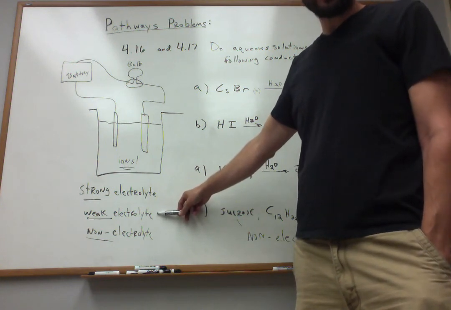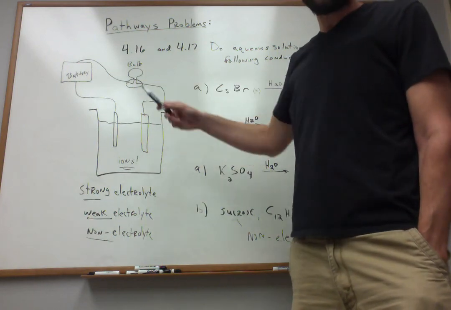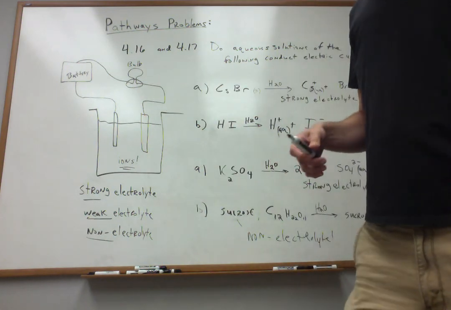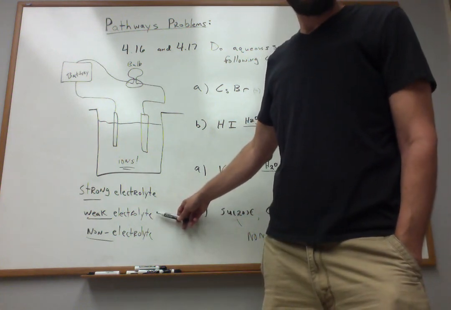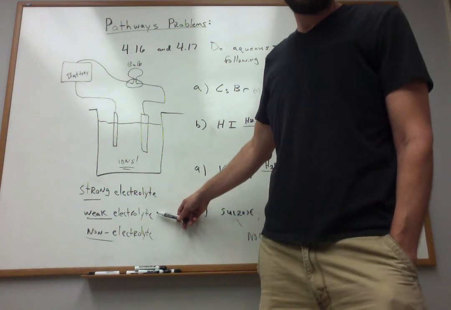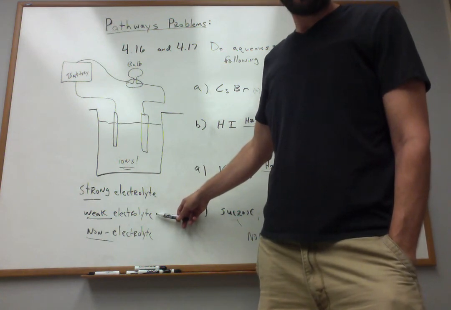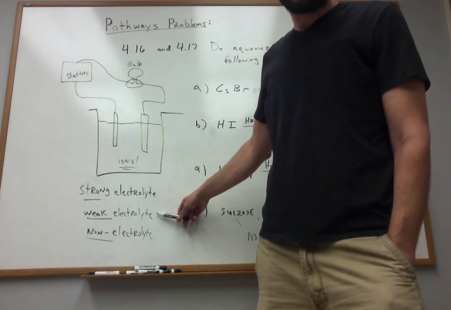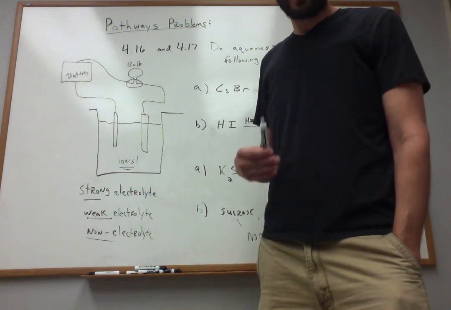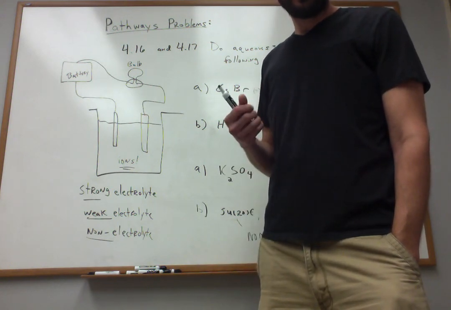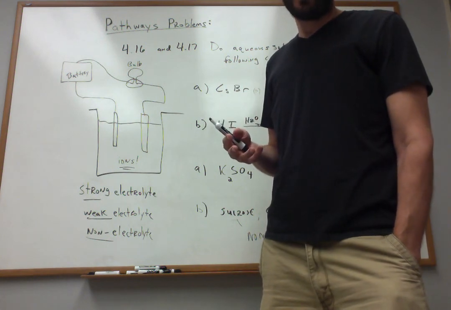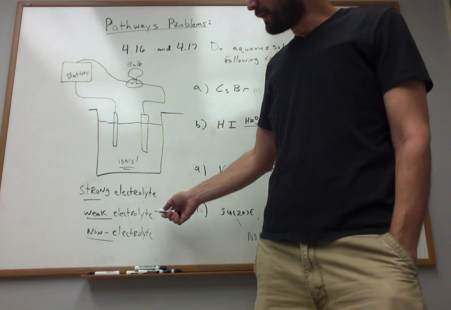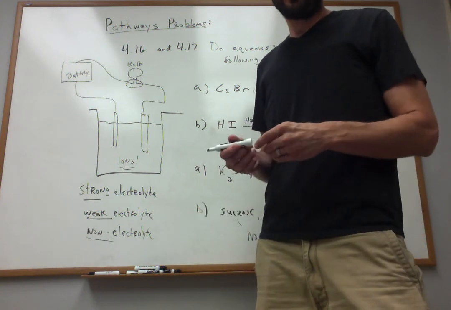For a weak electrolyte, where the current will be conducted very weakly, or maybe the bulb is very dim if you have a picture, go searching for ionic compounds that are only sparingly or slightly soluble, or else very weak acids. These are things that don't ionize or dissolve to an appreciable, very large extent. So there's that third class of compounds. We tend to call those weak electrolytes. So those are some hints.